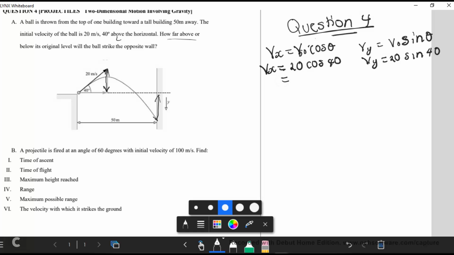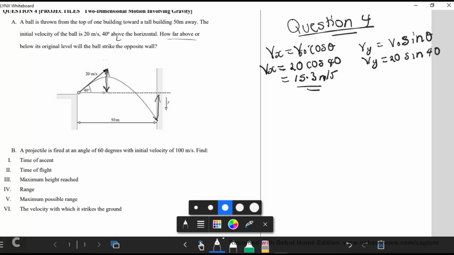That is 20 cos 40. I'll find that here it's 15.3 meters per second. So that is in the x-axis.